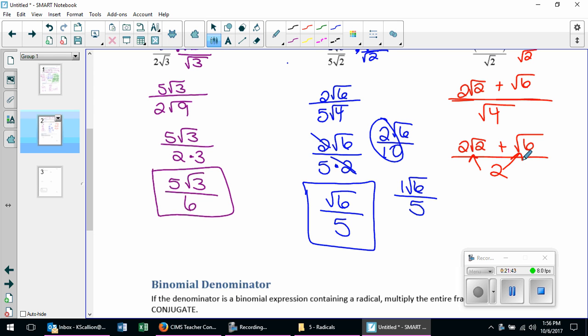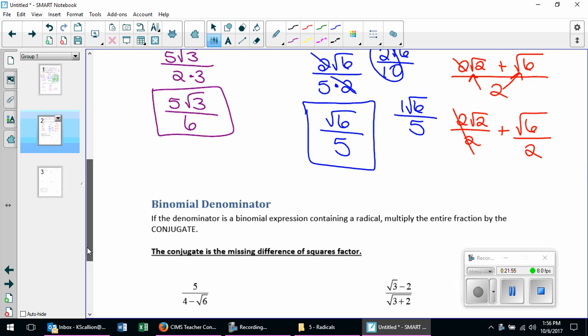The only way you could do that is if we wrote it like this, 2 root 2 over 2 plus root 6 over 2. Then you can cancel those out, leaving you with a very weird root 2 plus root 6 over 2. I'm not sure why you would do the extra step when you can just stay here. This doesn't look any nicer than that. If the 2 can go evenly into here and here, then you can get rid of it, but it has to go into both those terms.